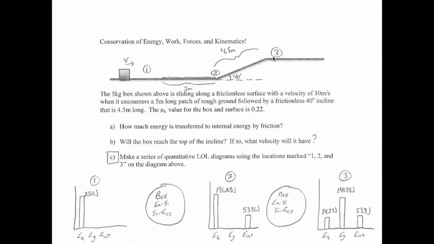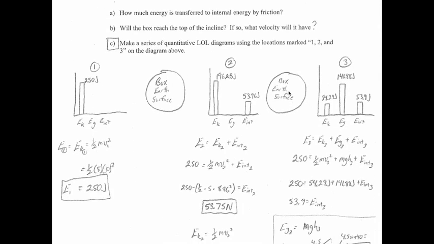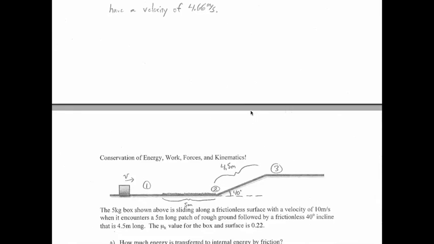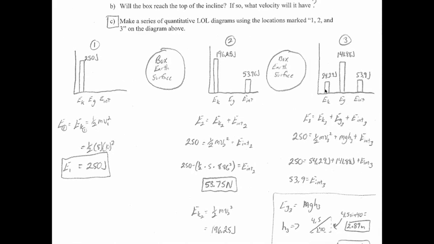So at point 3, the box is now at the top of the incline. Keeping in mind that our system is the box, the earth, and the surface, we know the velocity of the block at the very top of the incline was 4.66 meters per second. So we can find the kinetic energy of the block at point 3 using that velocity: 54.29 joules.